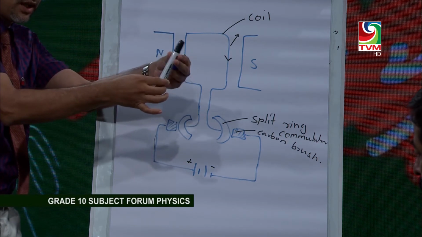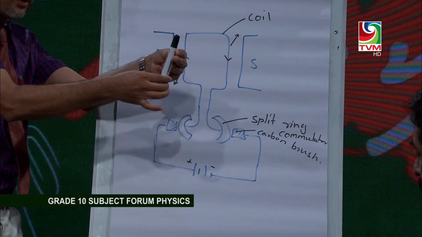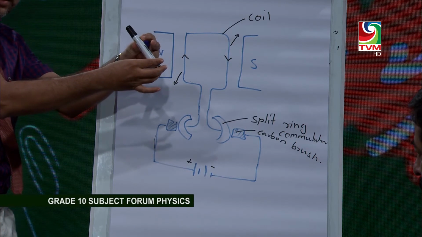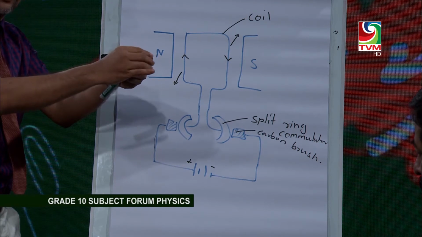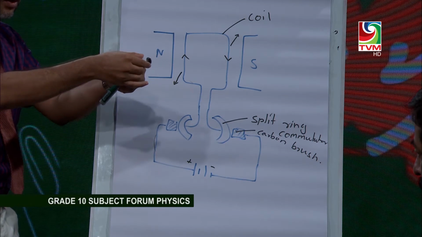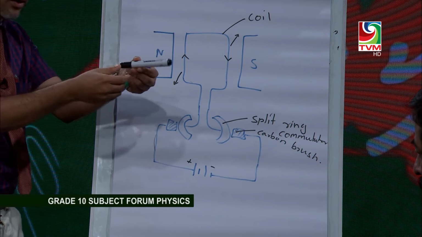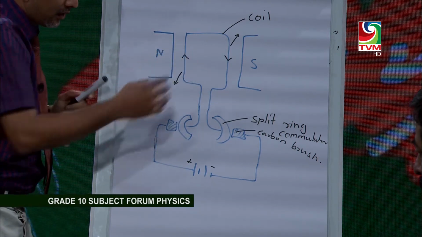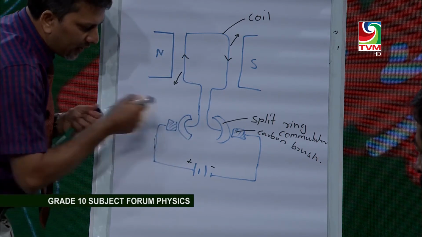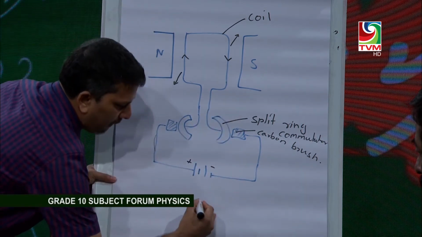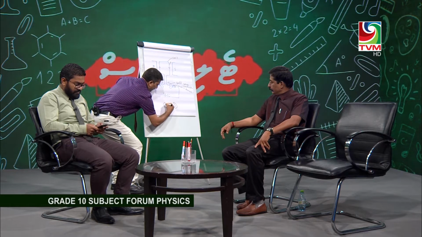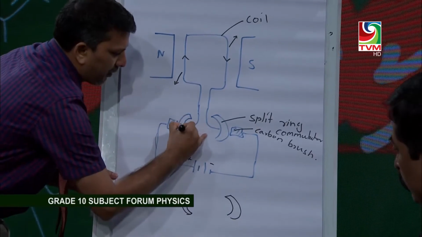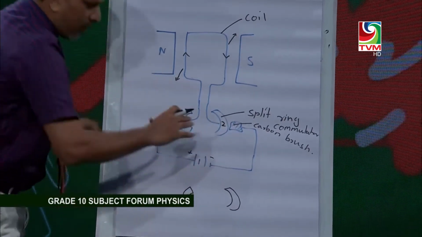Because of inertia, since it was moving this way previously, it overshoots. And the split ring commutator reverses the current direction. When it reaches horizontal position again, this commutator, this one will reach here. This I am calling 1, this I am calling 2.